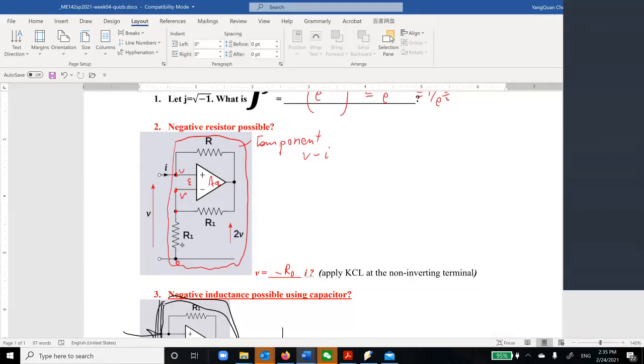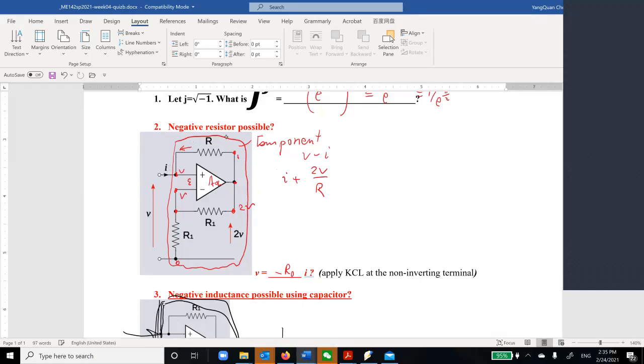So basically this is a voltage divider. So here should be 2V, right? So here should also be 2V, right? So 2V divided by R, okay? 2V divided by R is this I, right? And this I plus this I is, so I plus 2V divided by R, right?